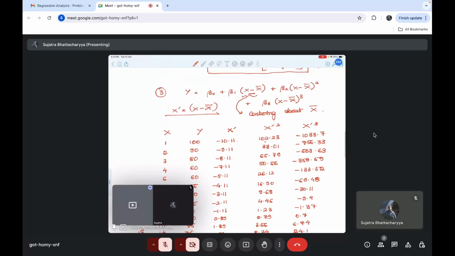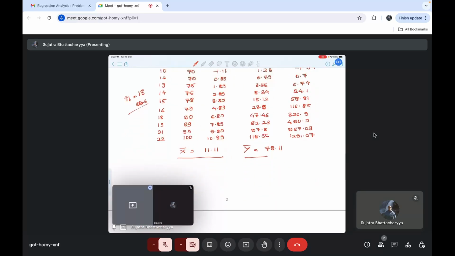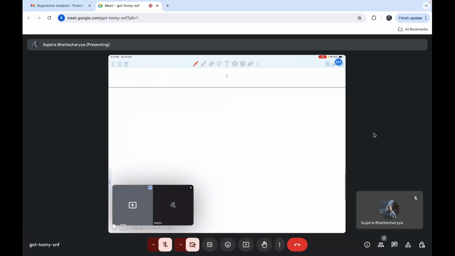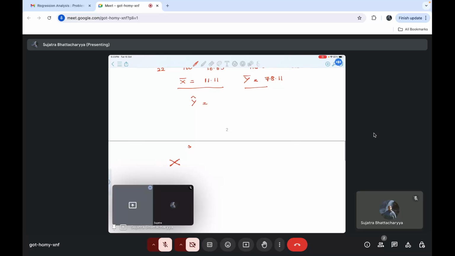minus x bar. X bar we have calculated, y bar also we have calculated. Now the simple thing is that you have to write the X matrix, because we will be doing the same thing. So we are reducing the model y hat is equal to beta naught hat plus beta 1 hat x prime plus beta 2 hat x prime square plus beta 3 hat x prime cube.